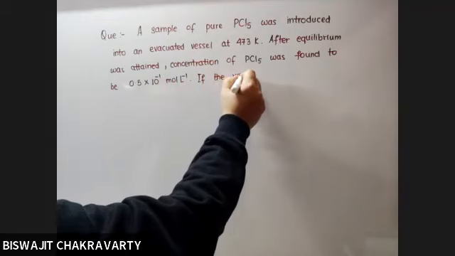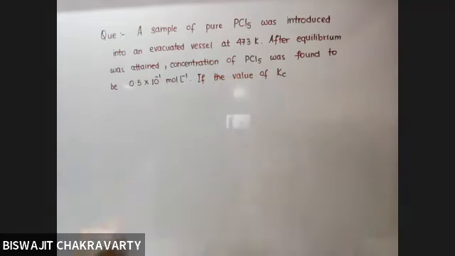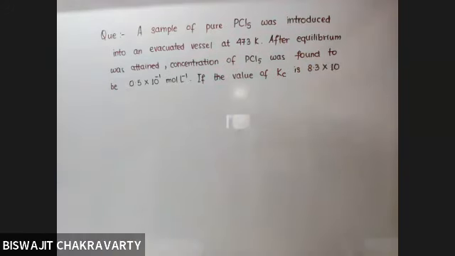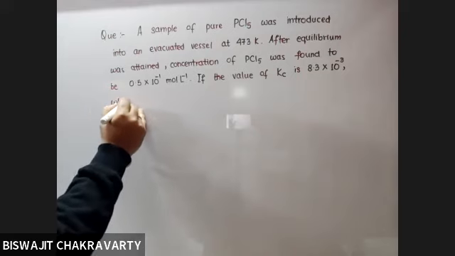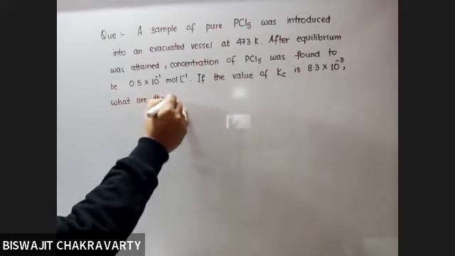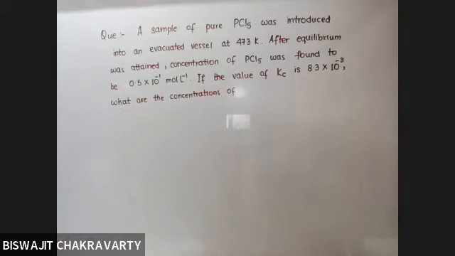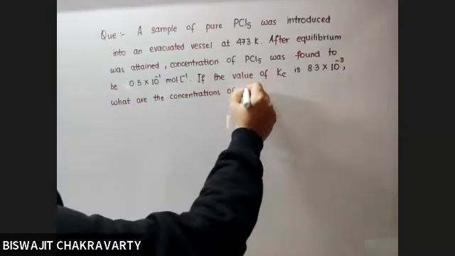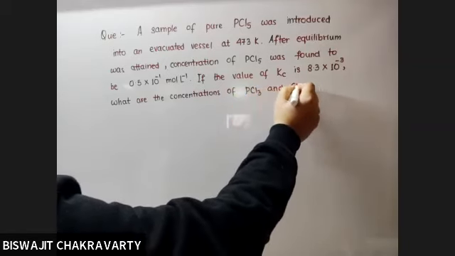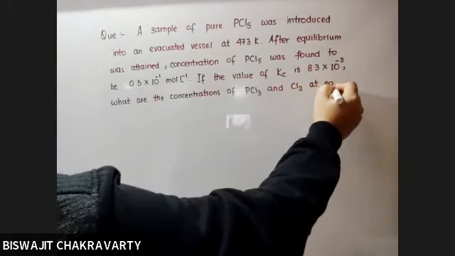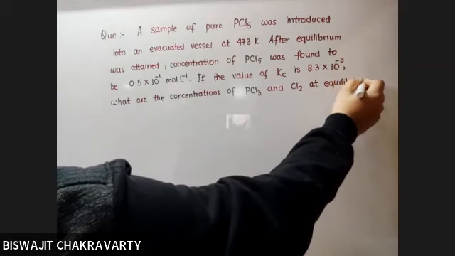If the value of Kc is 8.3 into 10 to the power minus 3, what are the concentrations of PCl3 and Cl2 at equilibrium?